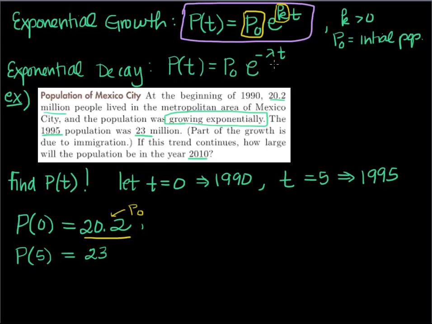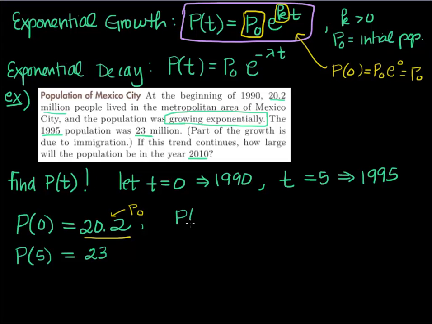If you look up here, that makes sense, because if we let t be 0, you would get P naught e to the 0. But what is e to the 0? That's just 1. So that's why the constant in front is always going to be whatever I get when I let t be 0.